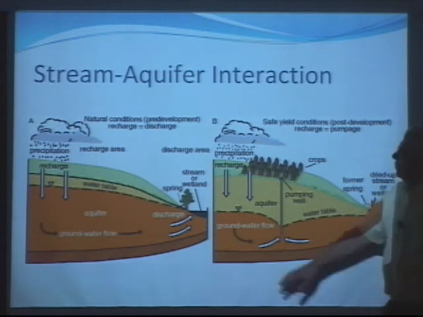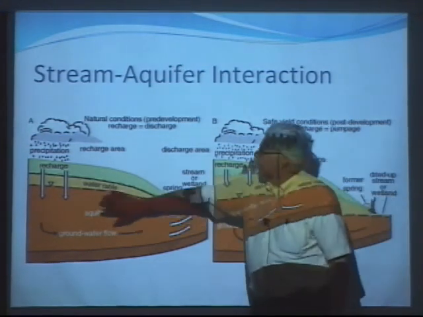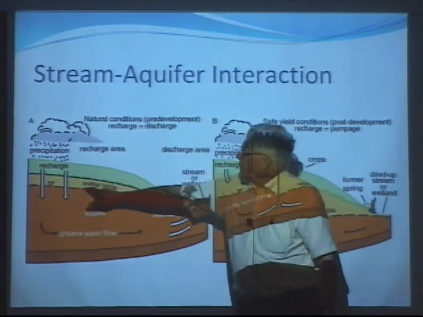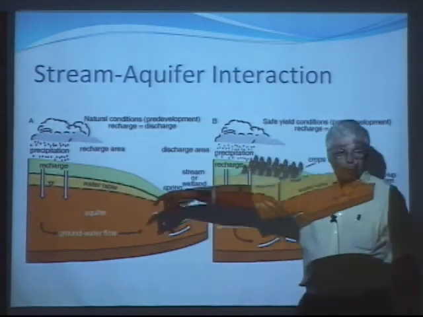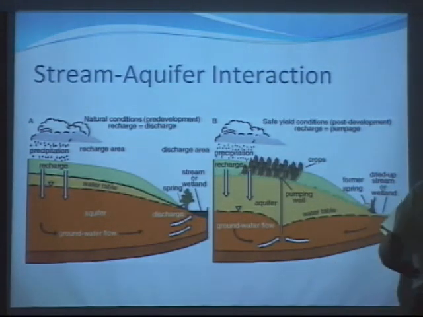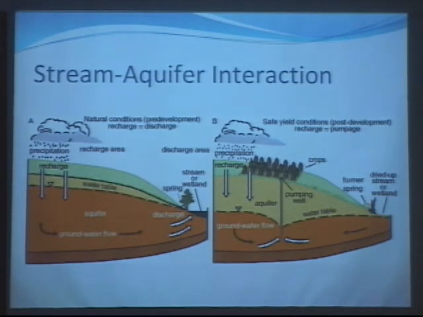And so before development, this would be the formation. The water table is the point at which, if you dig a hole down to the water table, you would find water standing in the hole. So it's like a dug well. Greensburg, for instance, has a famous huge dug well. If you go down that far, water will be standing in the hole at that point.